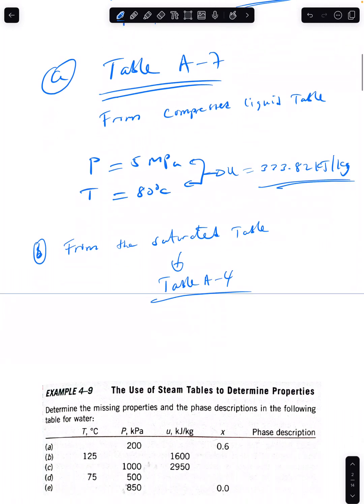So for B, Uf at 80 degrees Celsius equals 4.97 kilojoules per kilogram.